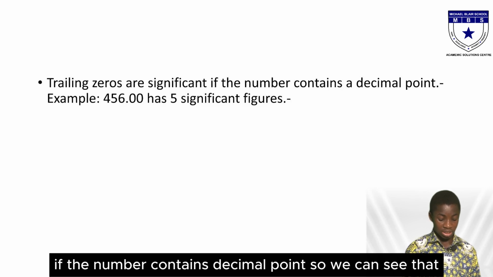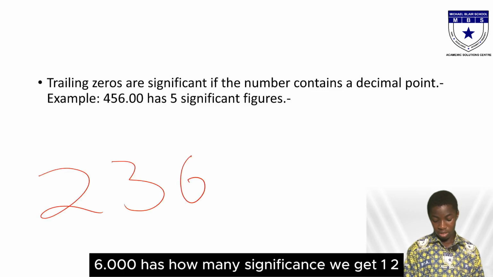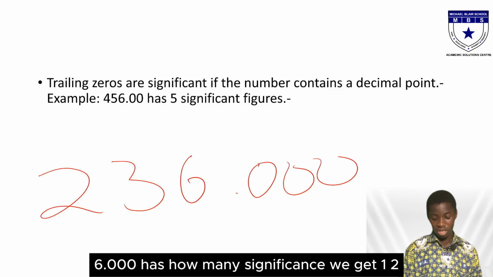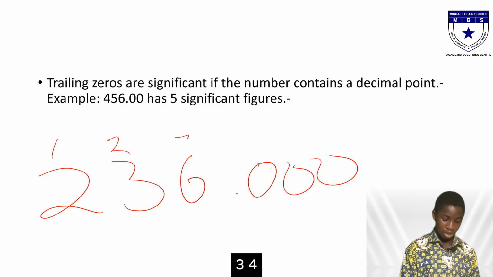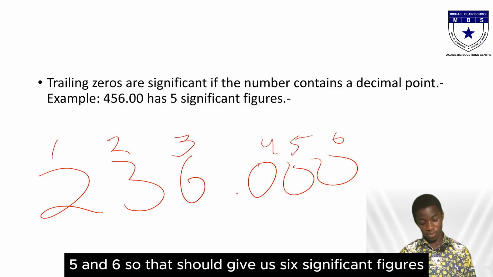So we can say that 236.000 has how many significant figures? 1, 2, 3, 4, 5, and 6. So that should give us 6 significant figures.